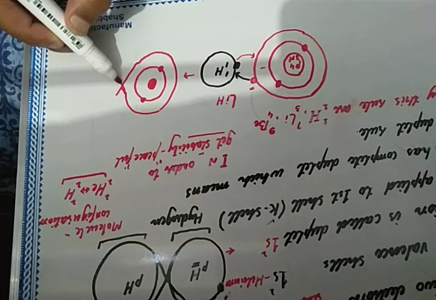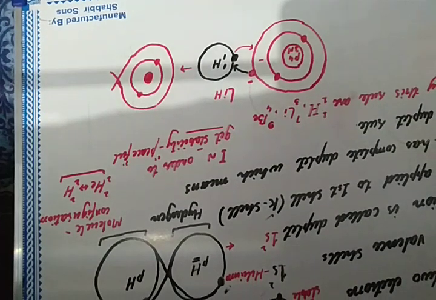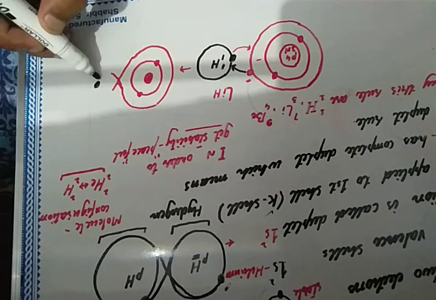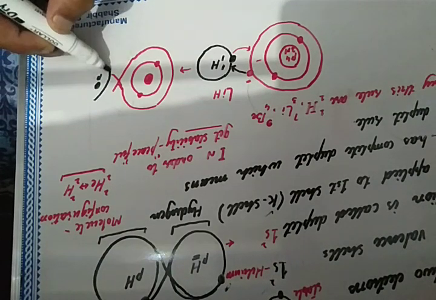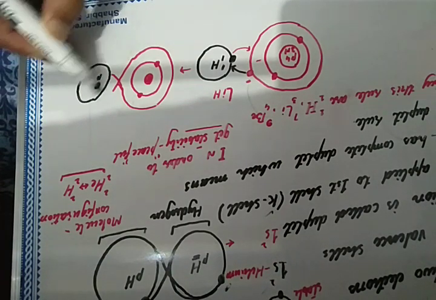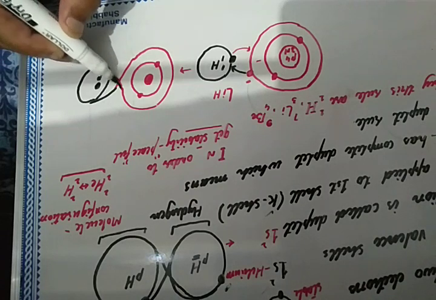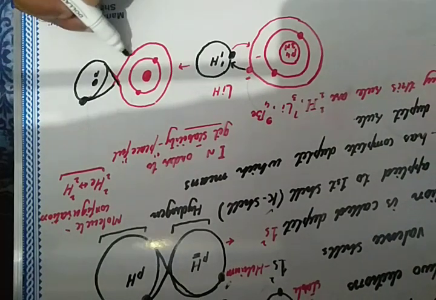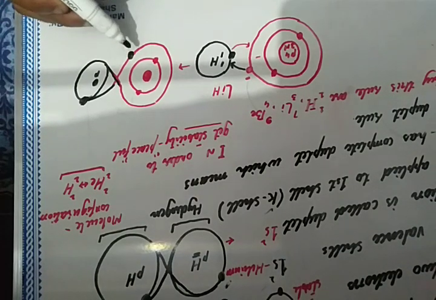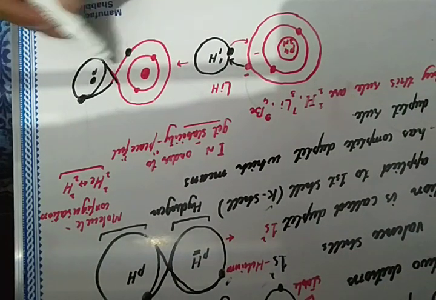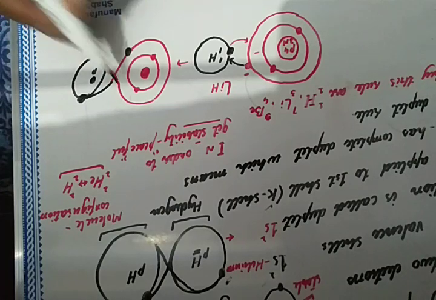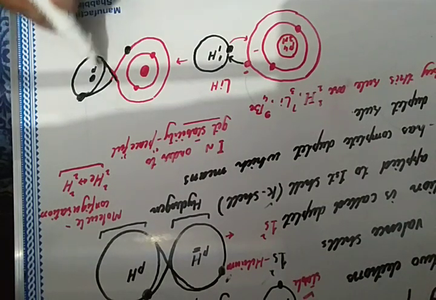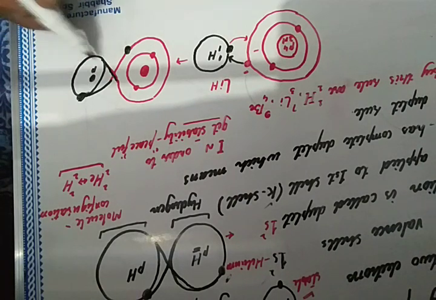So what will happen? This electron will travel to the hydrogen atom. This is the hydrogen nucleus, here is the proton, and its outermost electron. So with this very electron which lithium has, it gets its noble gas configuration, and with this very electron of the lithium atom, the hydrogen atom has also completed its duplet.